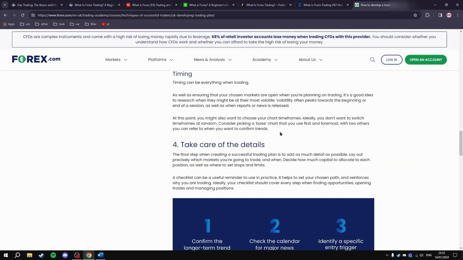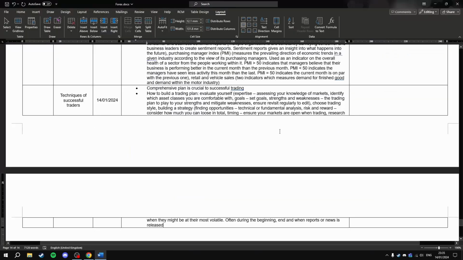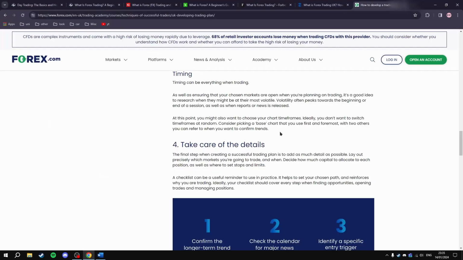At this point, you might also want to choose your chart timeframes. Ideally, you don't want to switch timeframes at random.